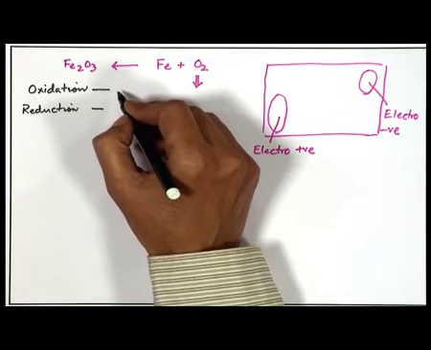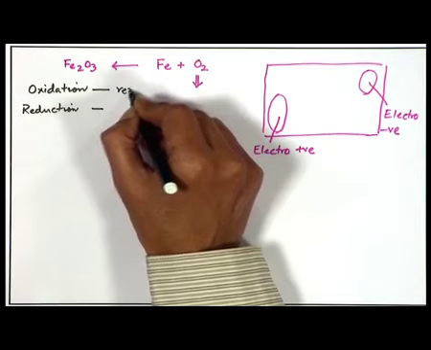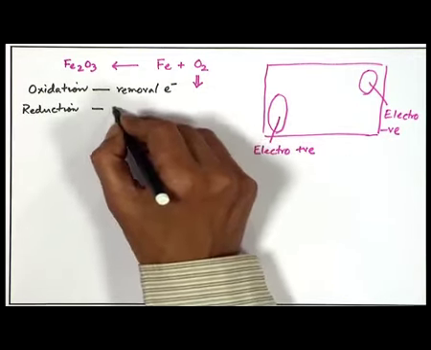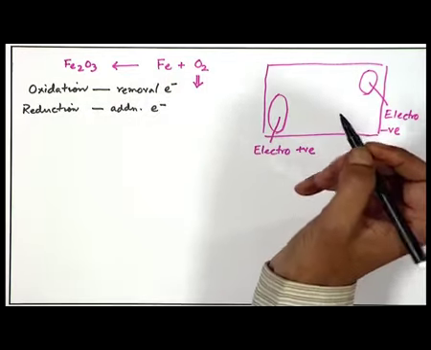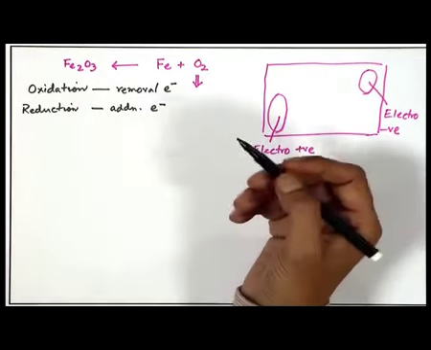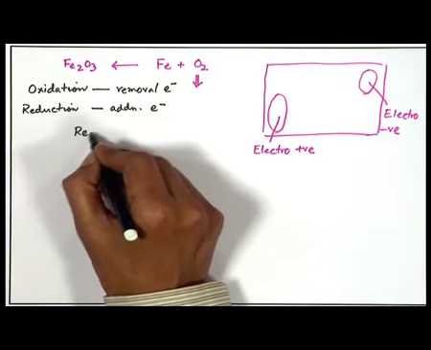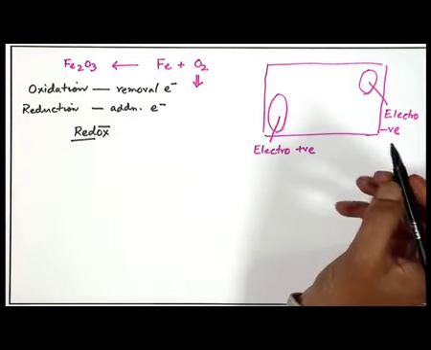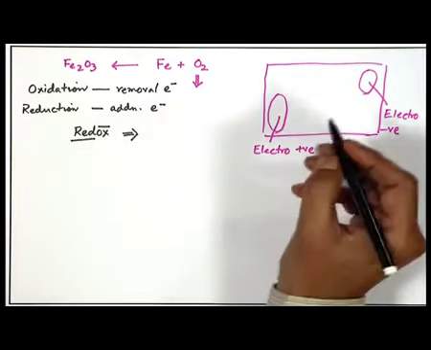Here, in case of oxidation, we have the removal of electrons, and here we have the addition of electrons. These two processes follow side by side, and a redox reaction is nothing but a reduction as well as an oxidation process, which involves both of these processes.